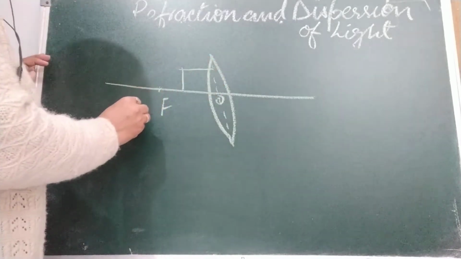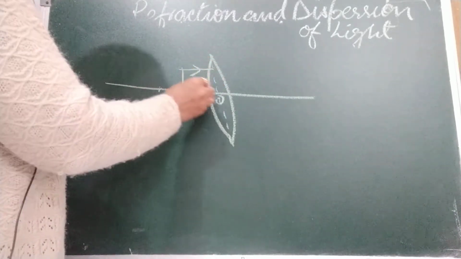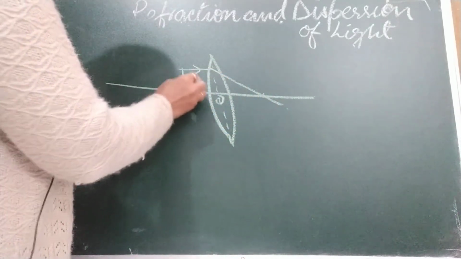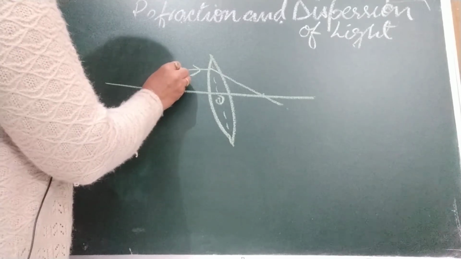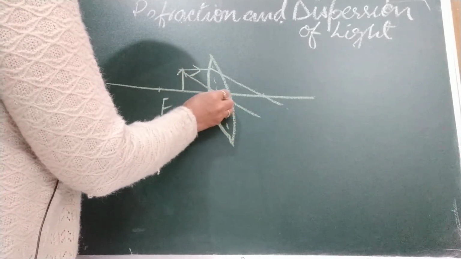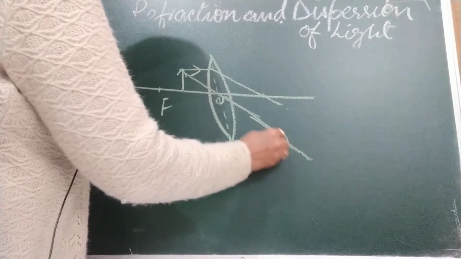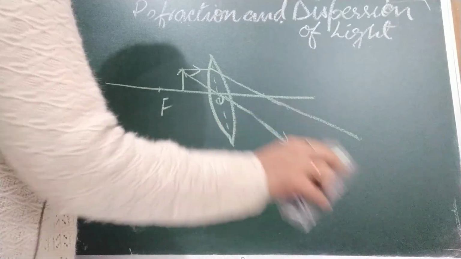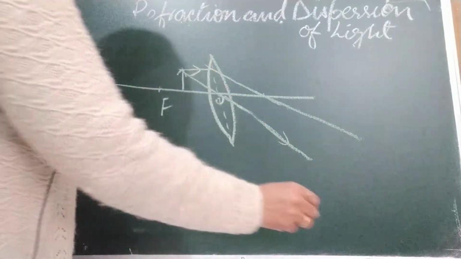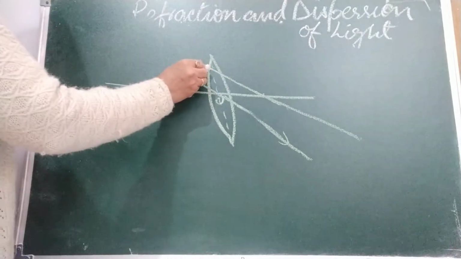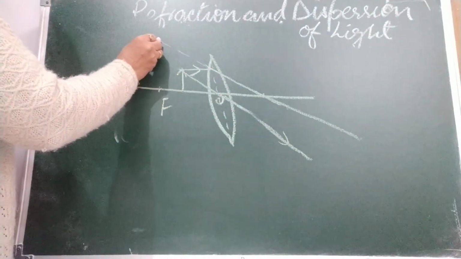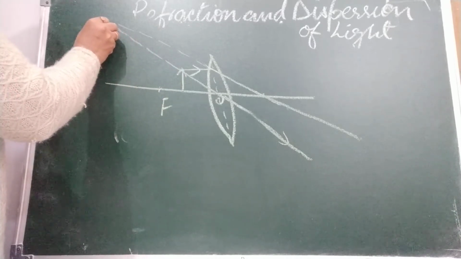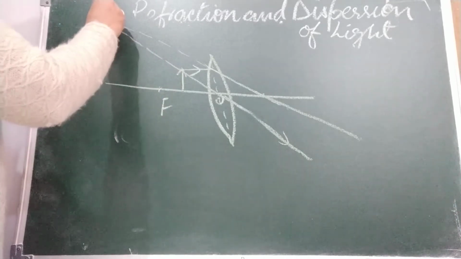The first ray will pass from the focus. The second ray will pass from here, and when we extend these two rays, they are not going to meet anywhere. It seems they are coming from the back side. The source is at the back. When we meet them, we will find that they are coming from this point.